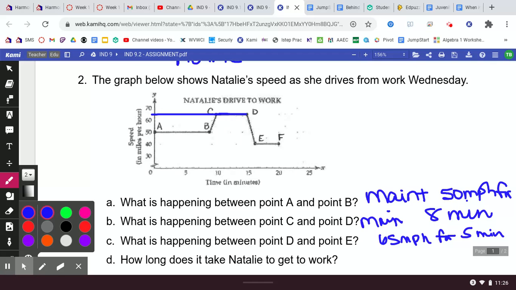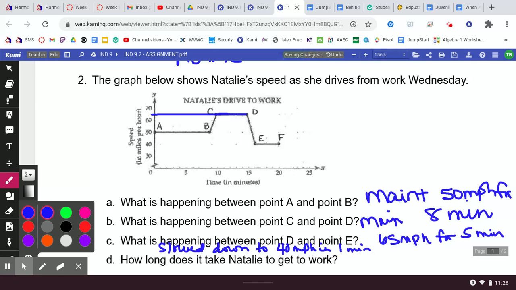Either one works perfectly for me. And then how long did it take her to do that? Slowed down to 40 miles per hour in how long? About 1 minute. It's close. Yeah. Again, without lines to be exact. As long as you're close, we're good.